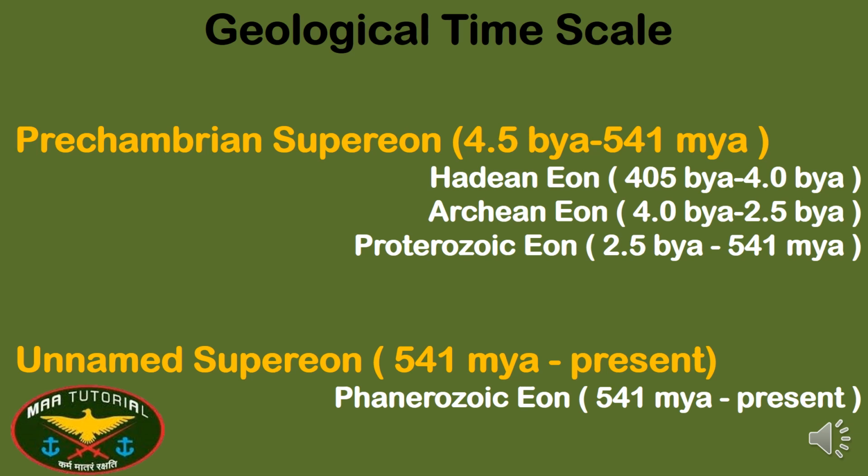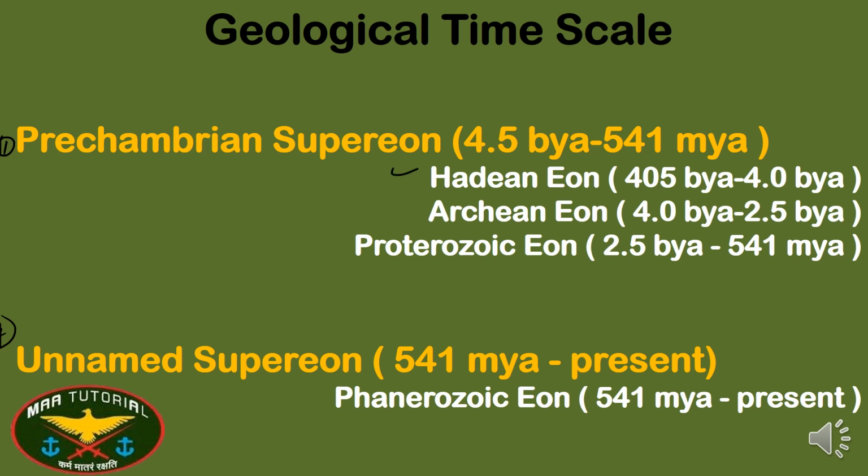After that, we need to know the geological time scale. The geological time scale means the time calculated by the carbon method. The geological time scale is divided into two parts. First is the Precambrian super eon, about 4.5 billion to 541 million years ago.